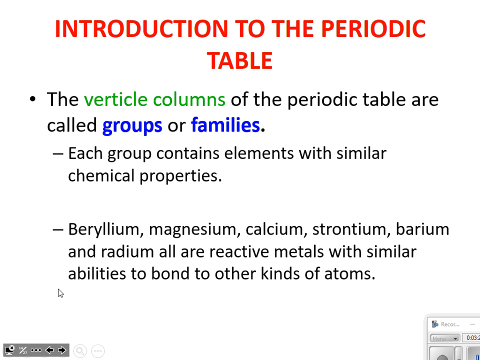You'll learn later on that this group all have 2 valence electrons. That helps their bonding properties out, whether they want to accept or donate electrons. In this case, these guys want to donate electrons. So that whole group, and it's called the alkaline earth metals, have similar chemical properties.